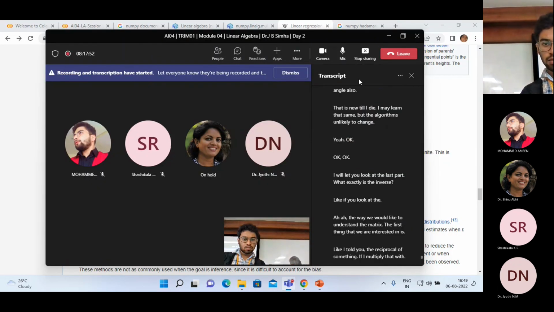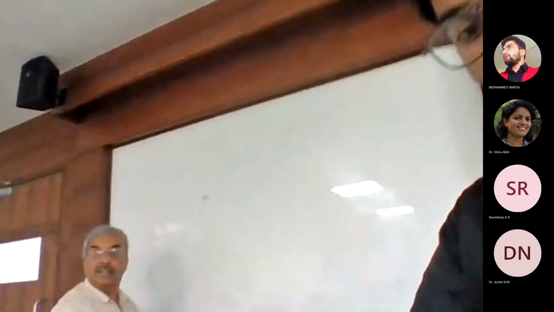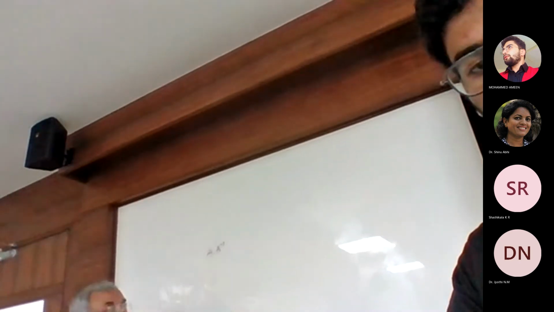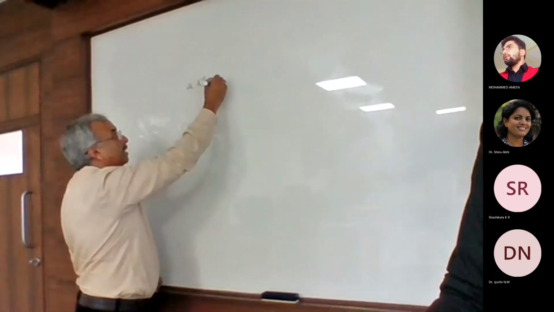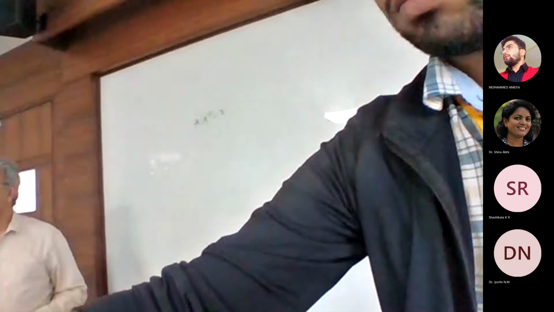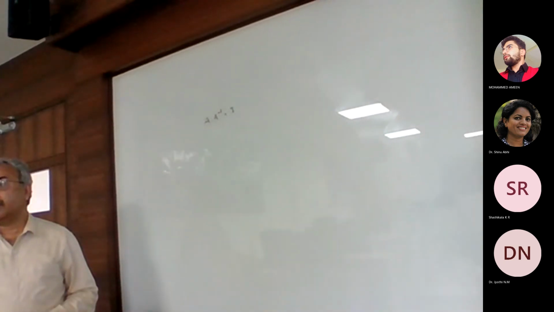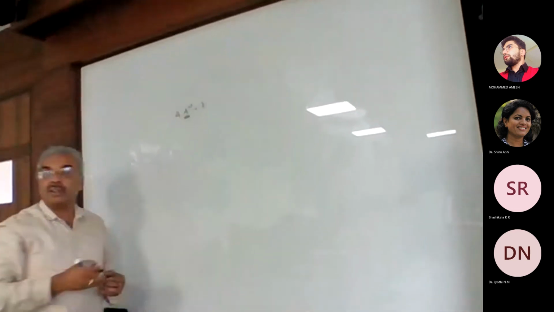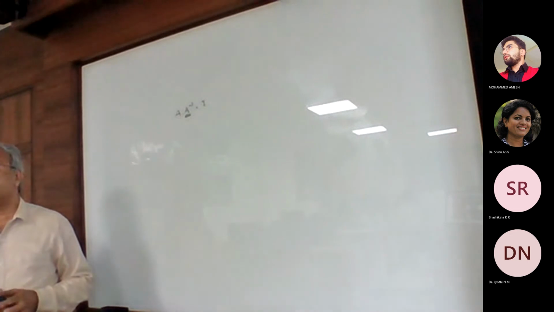Let us say I have A, and take the dot product with A inverse. This should give me the identity matrix. And this is called the inverse of A.